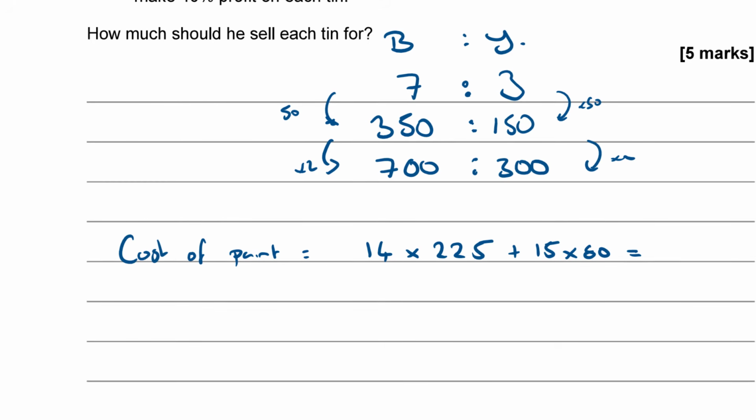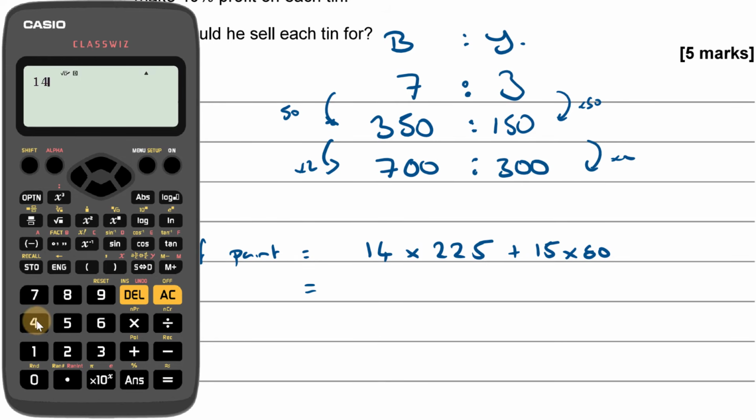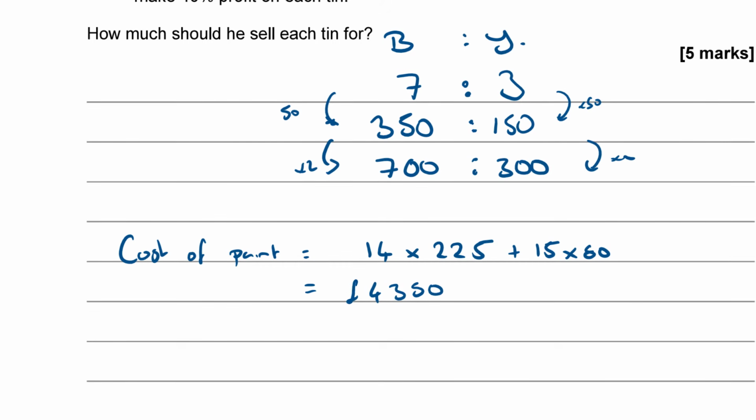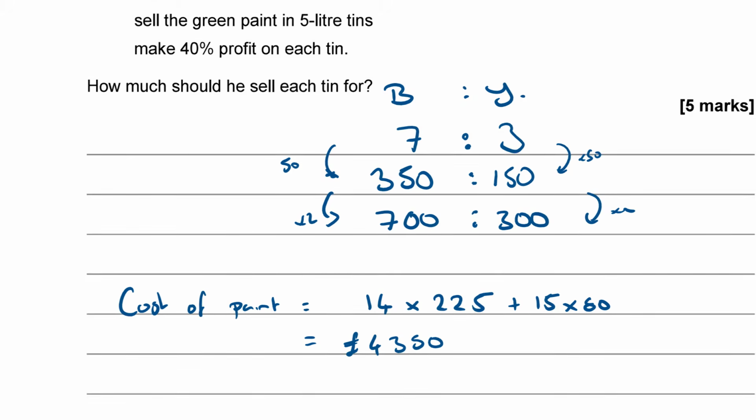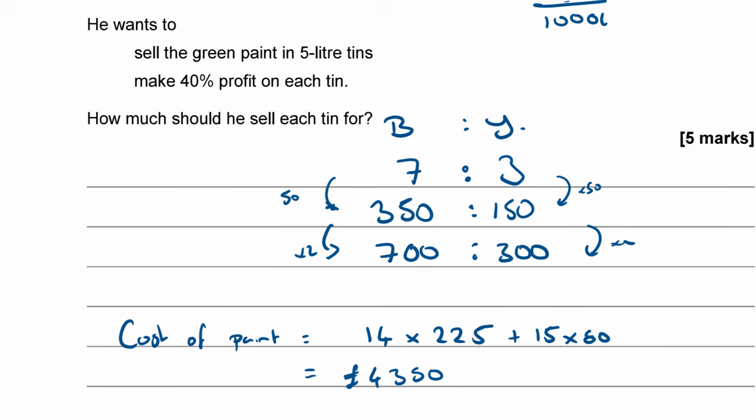What does that come out to be then? 14 times 225 plus 15 times 80. That's £4,350. Okay, so the cost of that paint is going to be £4,350.